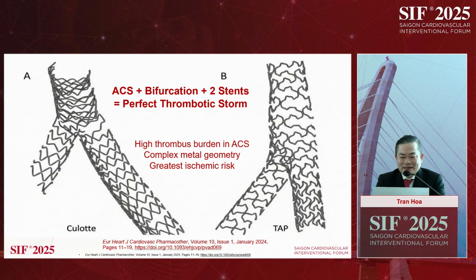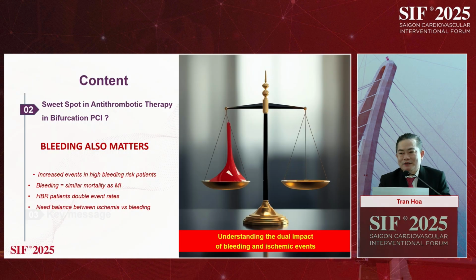So we call that a perfect thrombosis system. In this patient, we have to protect the stent. Sometimes we need an umbrella to protect the patient. So in this case, we need a strong DAPT and a long duration DAPT for the patient, sometimes more than 12 months.